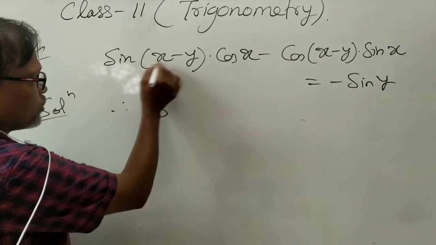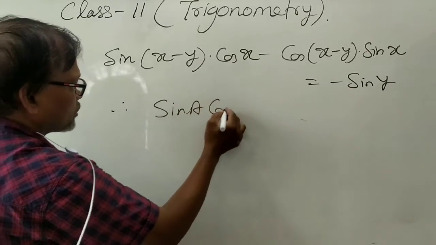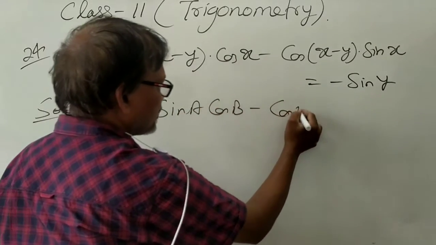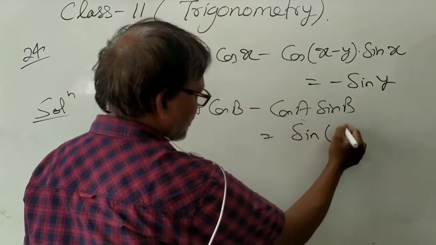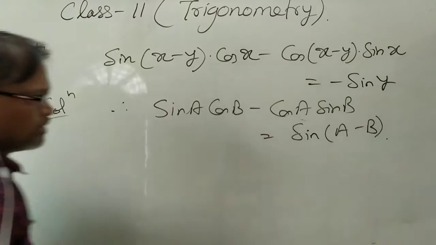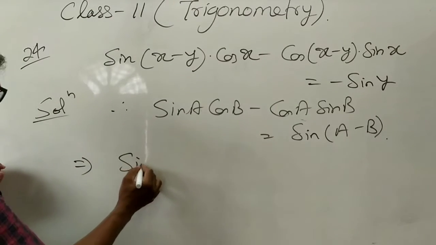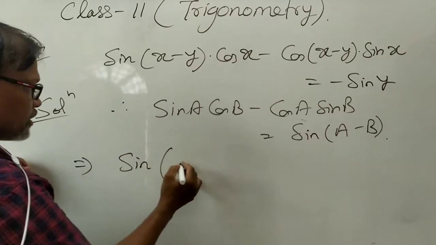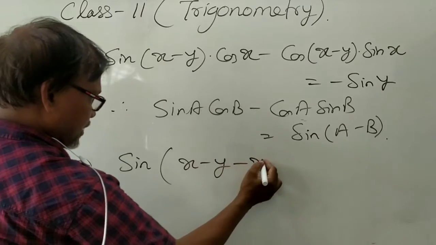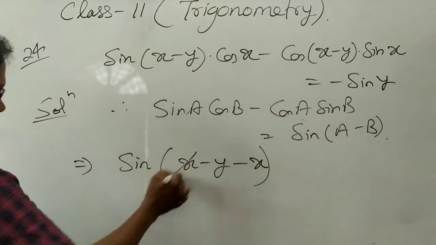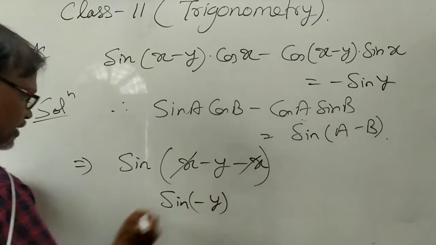If we take this as A and this as B, then sin A cos B minus cos A sin B is the formula of sin A minus B. It means you can apply the same formula, so the whole expression will change into sin of A minus B, where A is x minus y and B is x. Then x and x will be cancelled inside the bracket and we get sin of minus y.